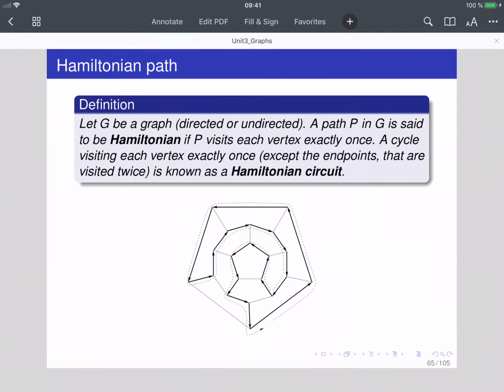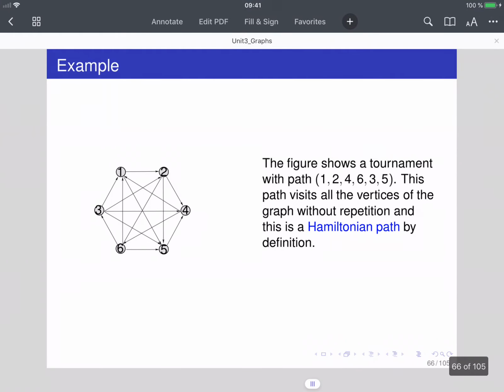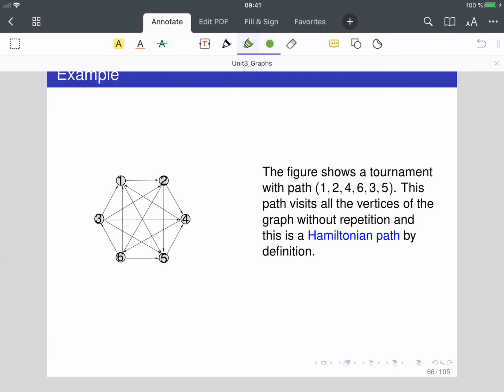Exactly this happens with a family of graphs that we have already studied. Remember that we studied tournaments, which are directed complete graphs, and in these graphs we can show, in fact we are going to develop an algorithm for this, that there is always a Hamiltonian path.